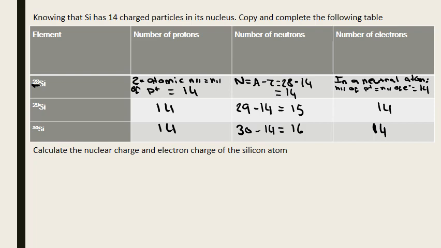Next question says calculate the nuclear charge and the electron charge of the silicon atom. So the charge is, remember, represented by Q, the Q of the nucleus.